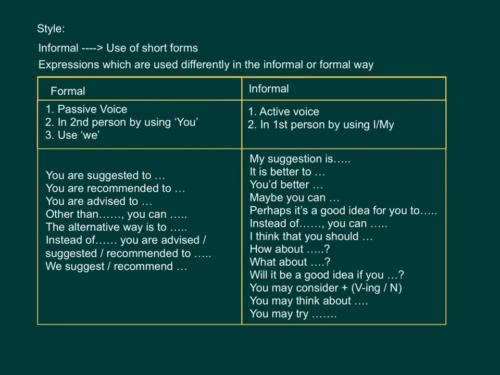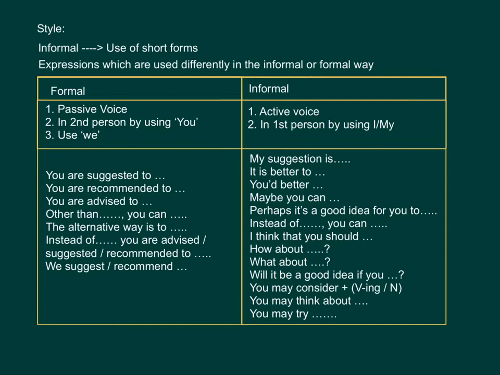For the expression in informal way, it should be active voice and in the first person by using I or my. The examples, my suggestion is, it is better to, you'd better, maybe you can, perhaps it's a good idea for you to, instead of you can.